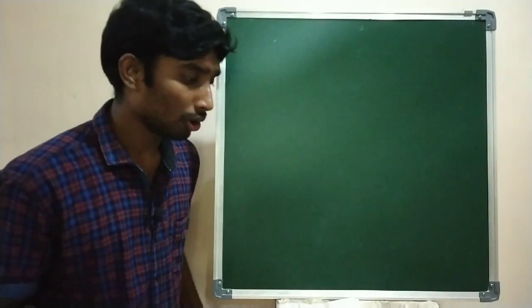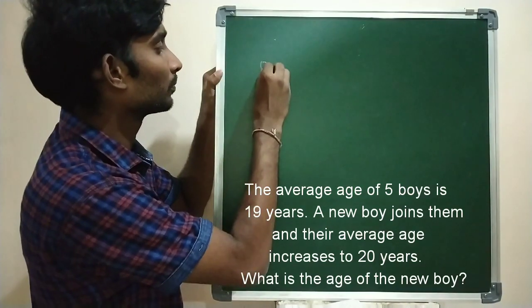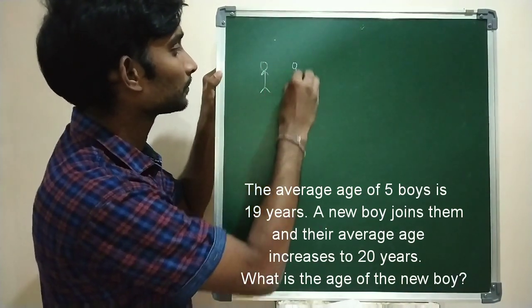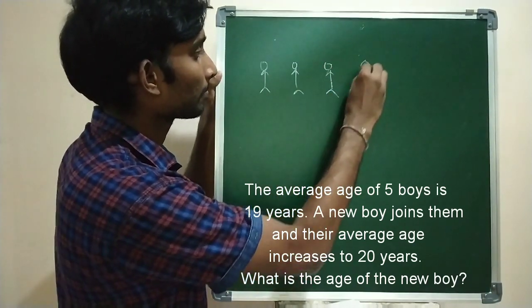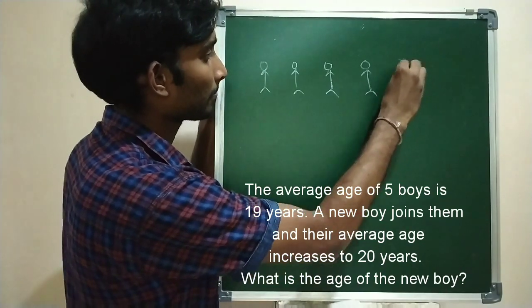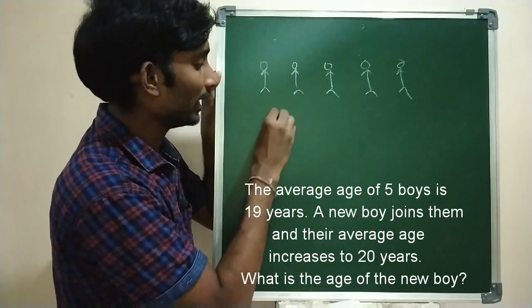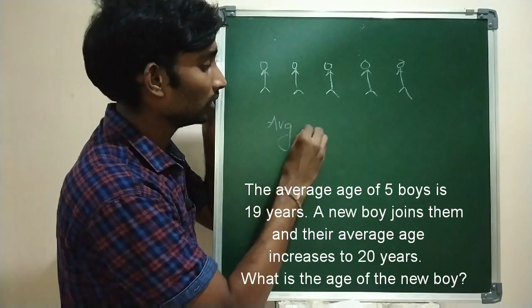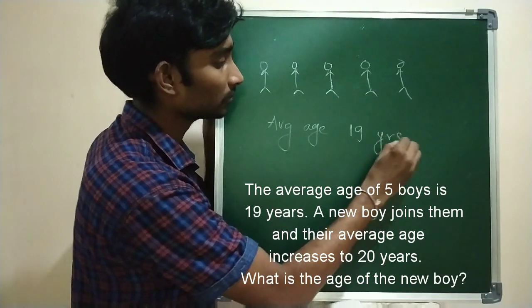The average age of five boys is 19 years. So there are 5 boys, whose average age is 19 years.